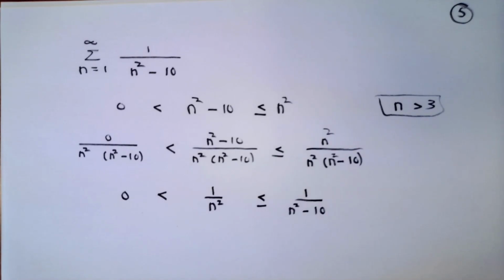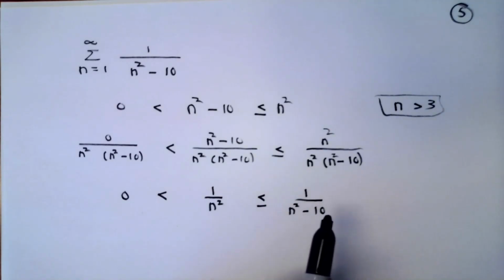If you look at the statement of the direct comparison test, what it says is, if the sum of these terms converge, then I guarantee you that the sum of those terms converge. At the moment, I don't know if the sum of those converge or not, so this really doesn't tell me anything.